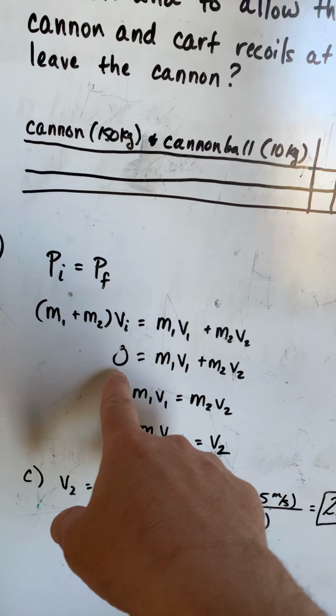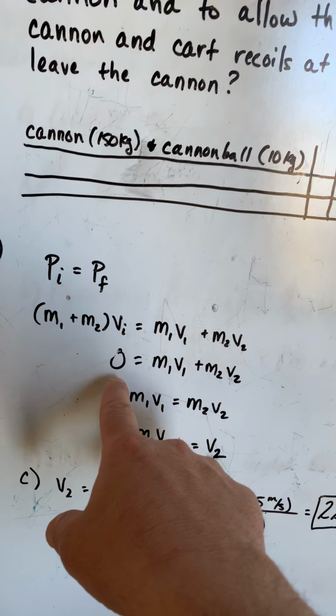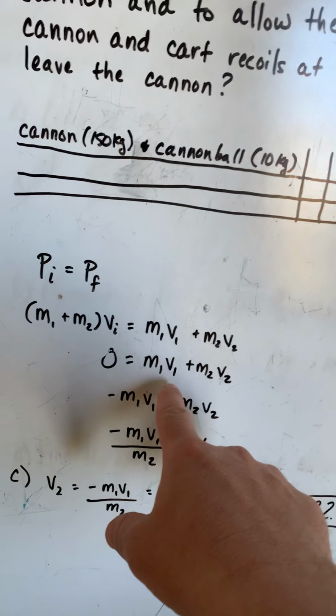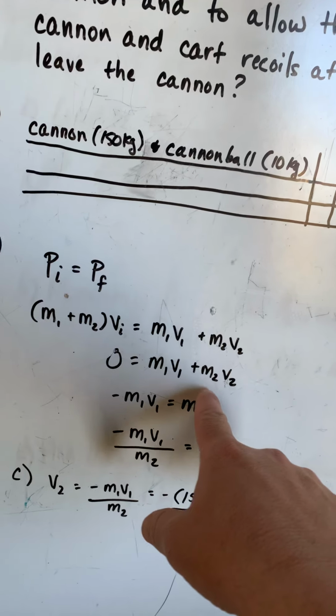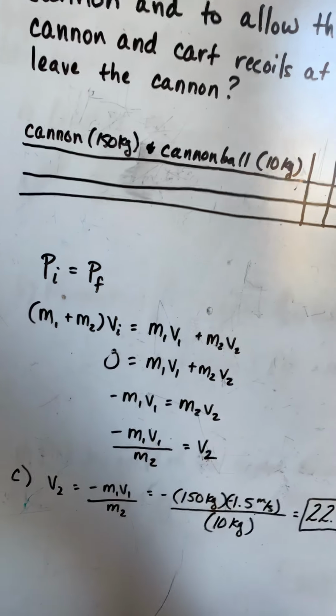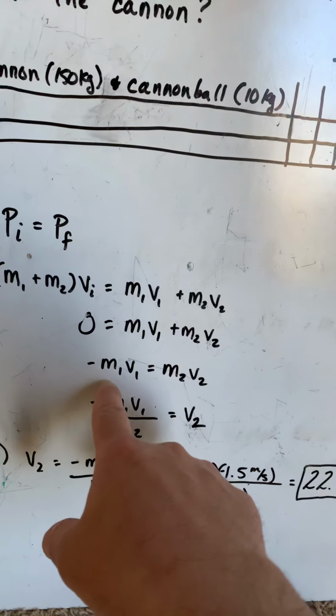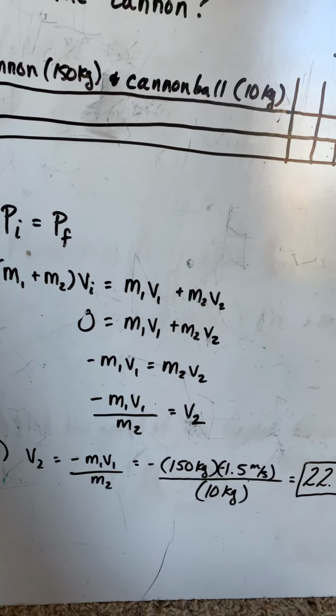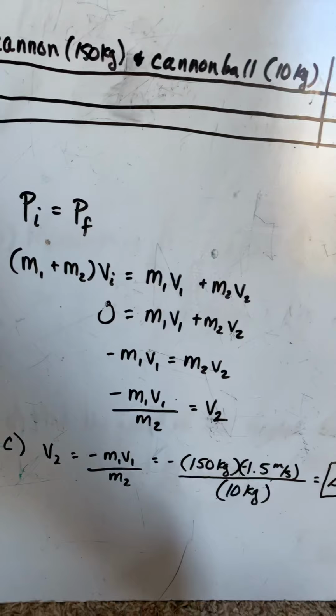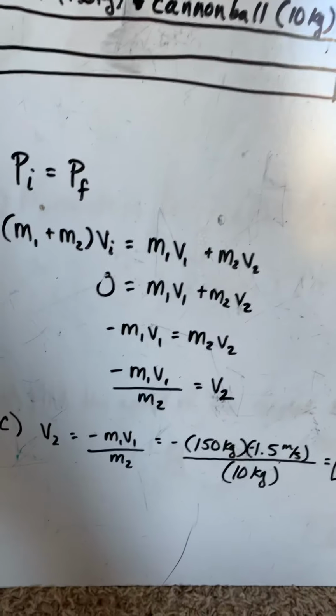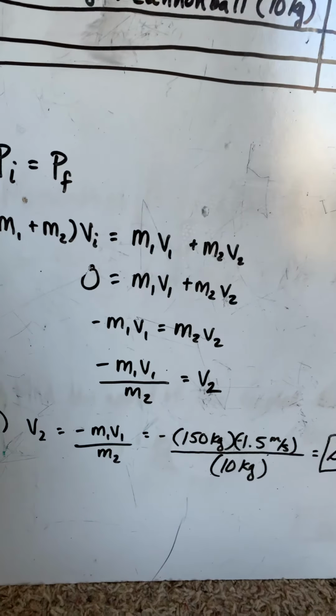Again, I know that my initial is 0 because it's not moving. So that means 0 has to equal my cannon plus my cannonball. I'm going to rearrange that so that now my negative M1V1 equals M2V2. And because I'm asked to find the velocity, I rearranged that formula to solve for the velocity.